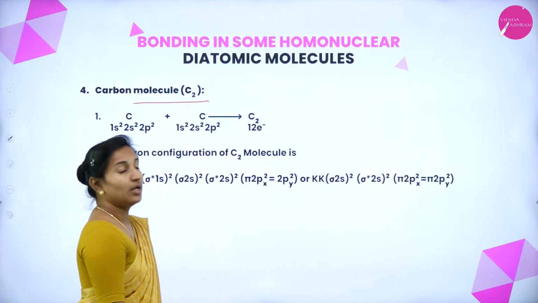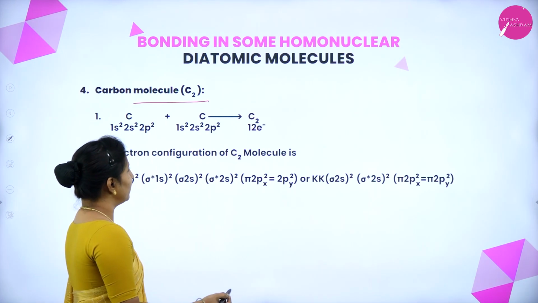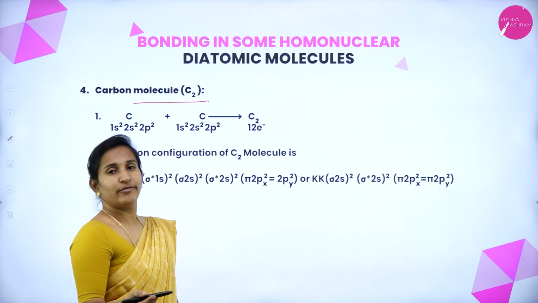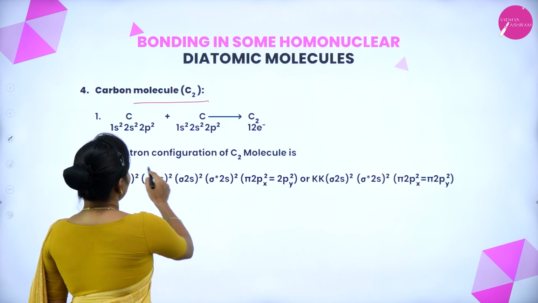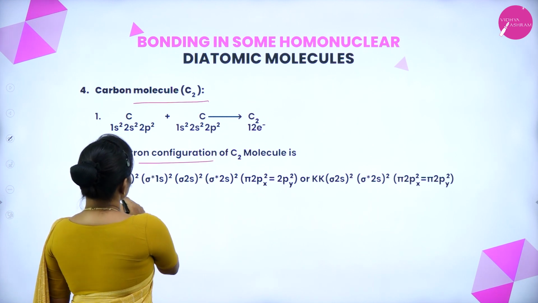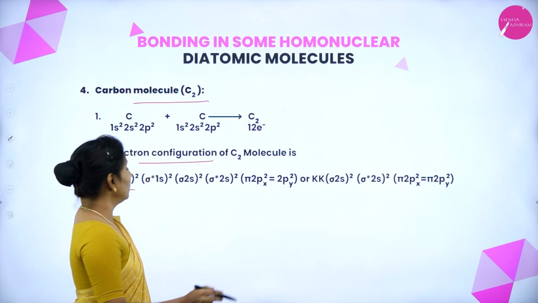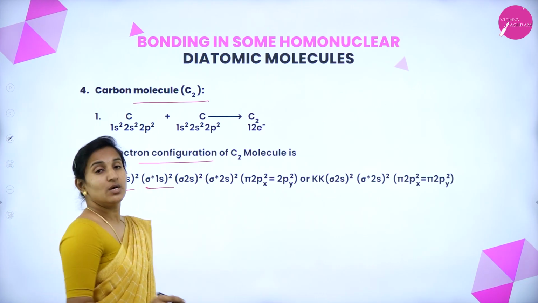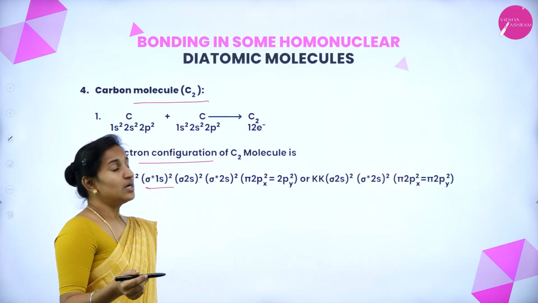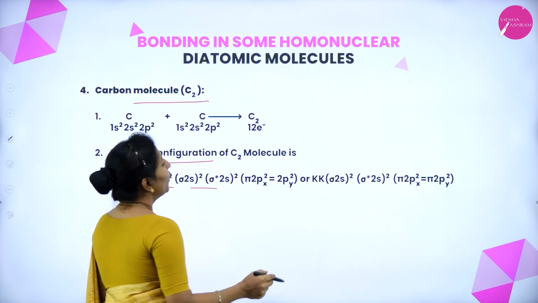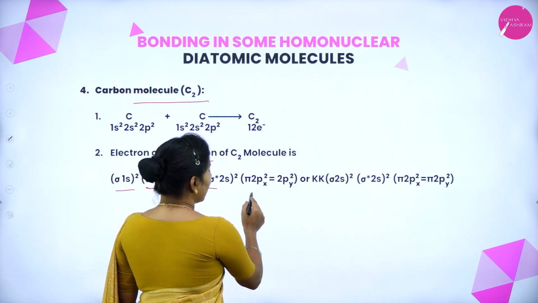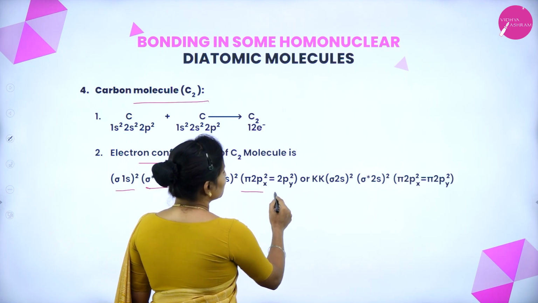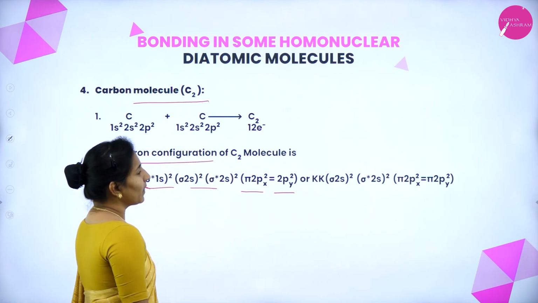Carbon molecule. In the carbon molecule, the electronic configuration is 1s2, 2s2, 2p2, with 12 electrons in C2, that is sigma 1s2, sigma star 1s2, sigma 2s2, sigma star 2s2, pi 2px2 equals pi 2py2.